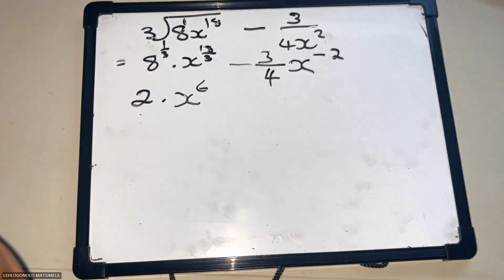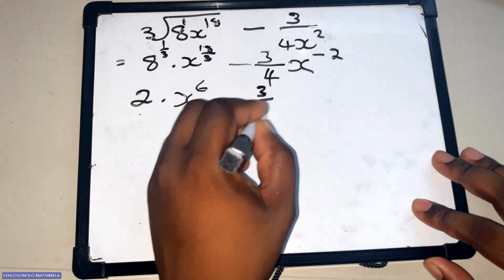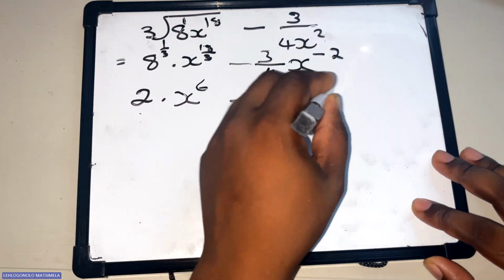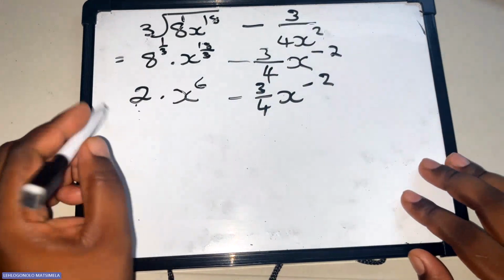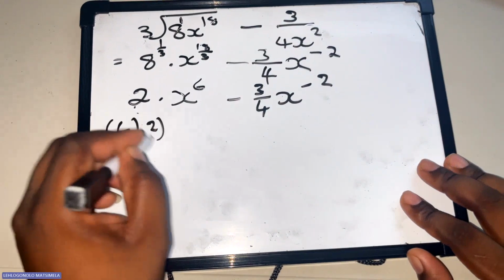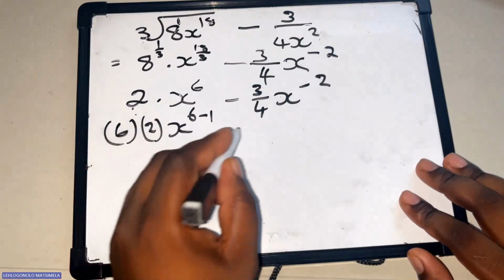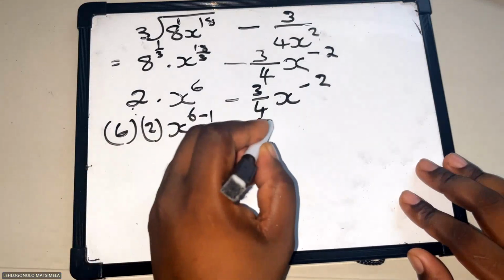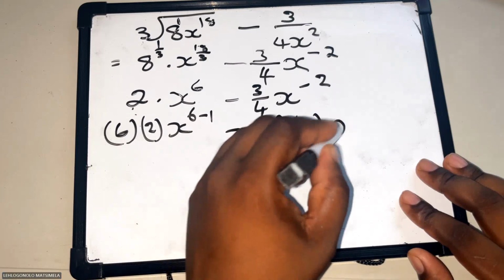Okay. Going further, we will have here 2x to the power of 6 minus 3 over 4 x to the power of negative 2, and we can derive because it's simplified. Exponent is 6, coefficient is 2, so 2 times 6 is 12, x to the power of 6 minus 1. That's the first part. Second part: 3 over 4, x to the power of negative 2.